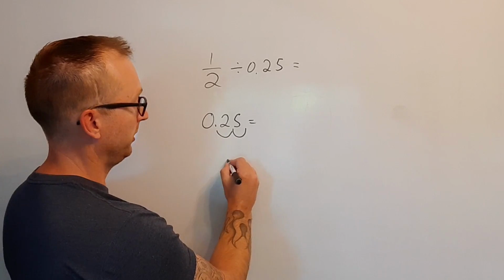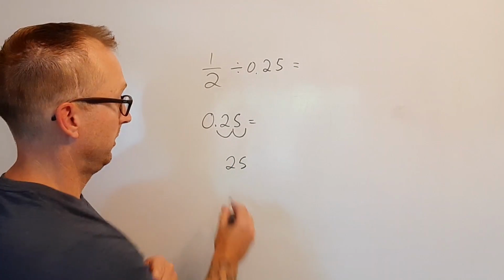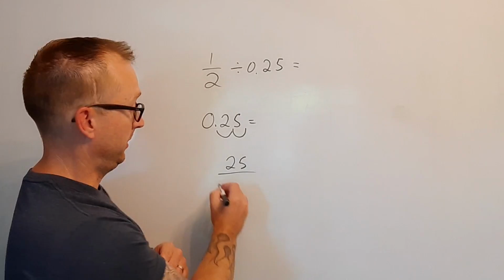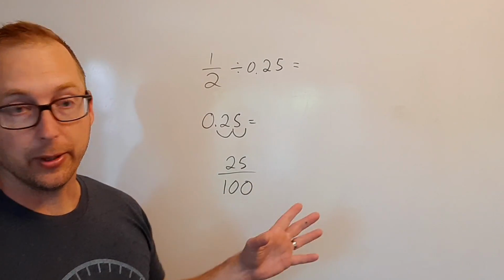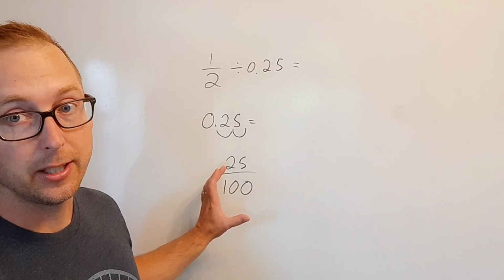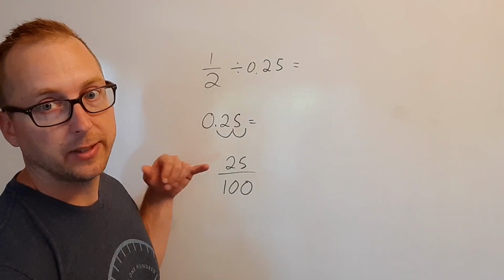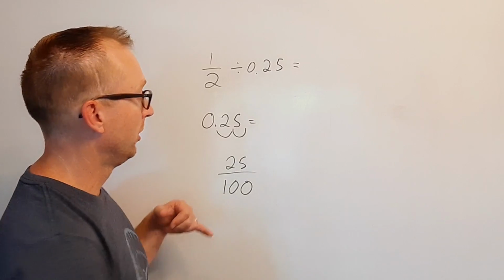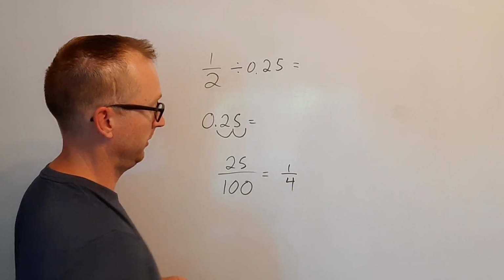So we have 25 hundredths. Yeah, you see where I'm going. Well, there we go. We have a fraction. So 0.25 equals 25/100. Or if we simplify that, it is 1/4.